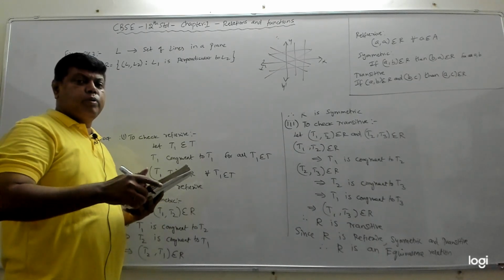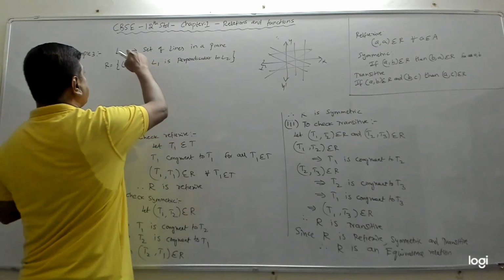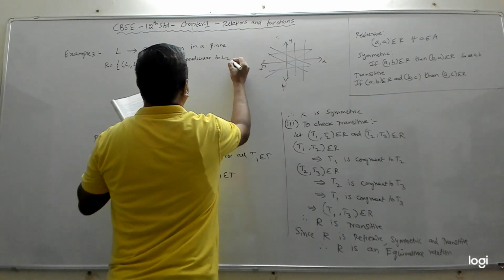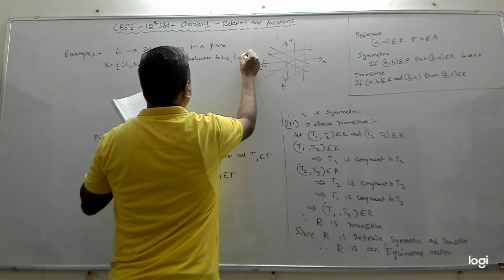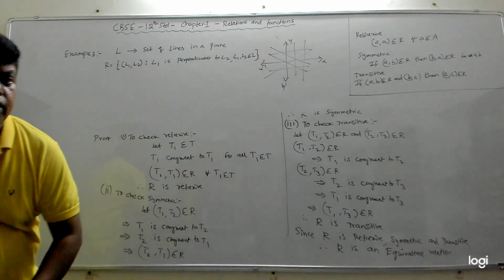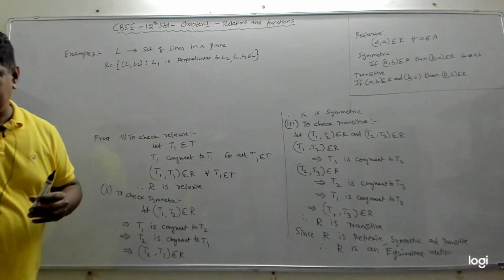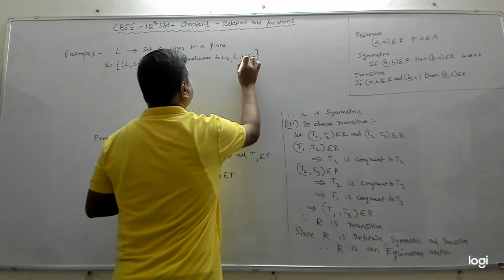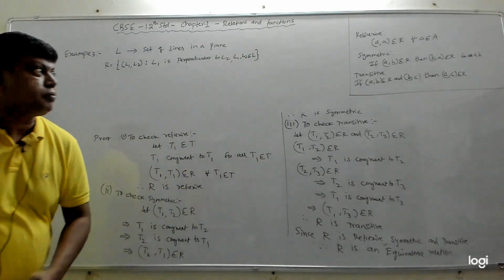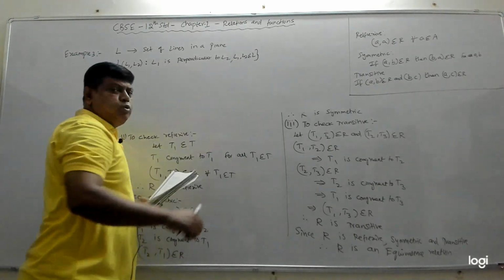Obviously L1 and L2 both come from the set L. That is understood even if they have not given that, which is why they have not mentioned it in the book. Fine. L1 is perpendicular to L2 and L1 comma L2 belongs to L.